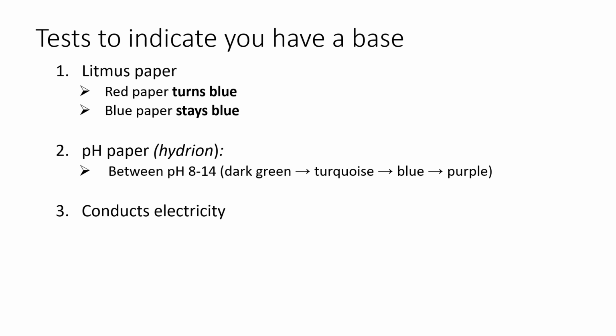Now, again, litmus paper doesn't tell us the strength of the base, just that we have a base. The next test that we have is our pH paper, and we have a variety of color changes, and those basically tell us whether we have not only a base, but if I have a strong base or a weak base. And then last but not least, it will conduct electricity because, again, bases are electrolytes.